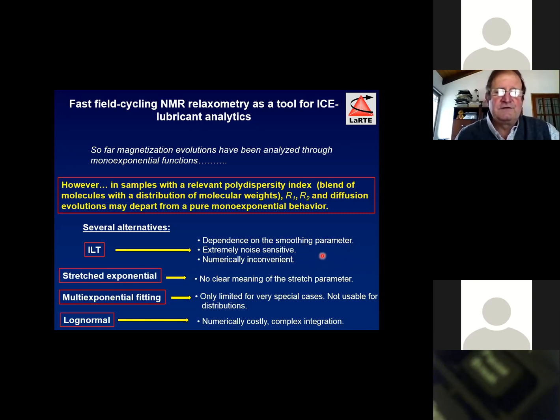It was successfully used in the analysis of porous media, for example. But the problem here is that there is a dependence on the smoothing parameter. And sometimes when you want to extract specific quantities from the analysis, this may be a problem. It is also sensitive to the noise.